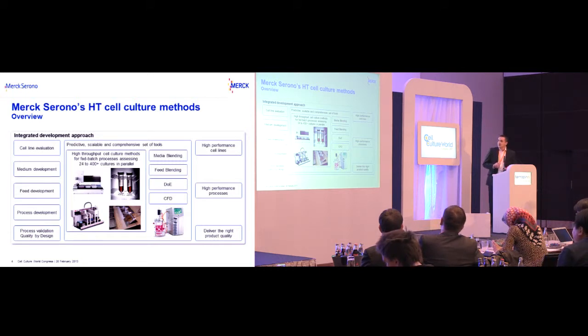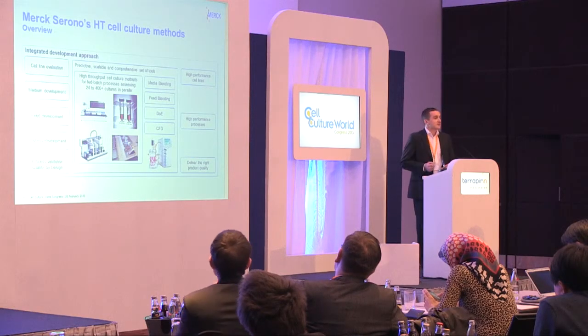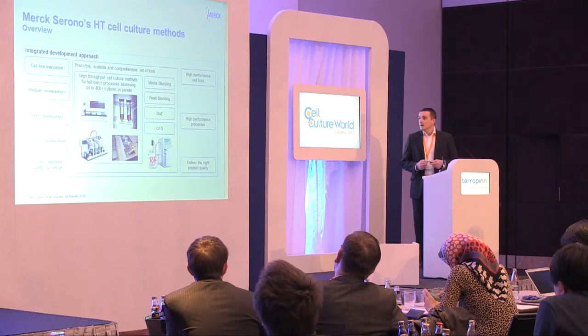So you can see here some of the tools that we have implemented. I was talking earlier of 96 deepwell plates that are automated with a robotic platform. We have also heard today about the Ambr system from TAP, and also the shake tubes that are a really good, high throughput cell culture model, a small scale model, and also, of course, the benchtop bioreactor.